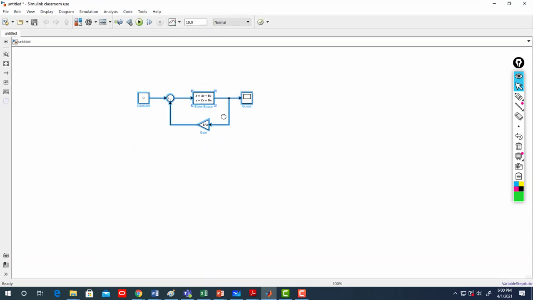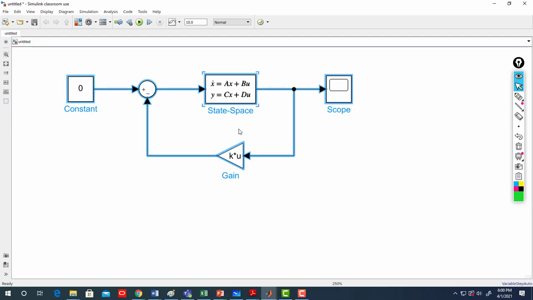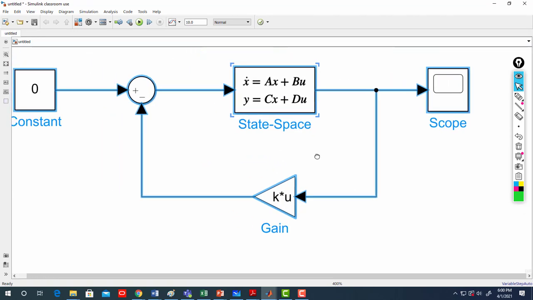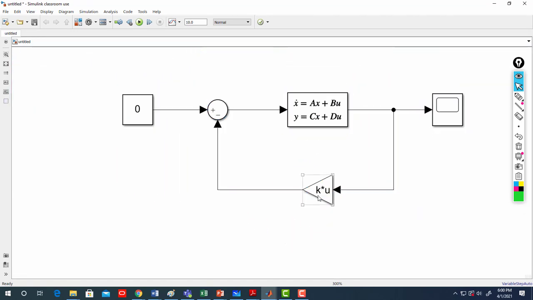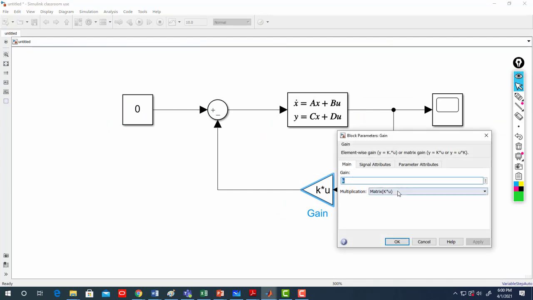You know how to take it and have it here. So here, matrix. I'm using matrix multiplication, not element wise. So pay attention here, it's not element wise.